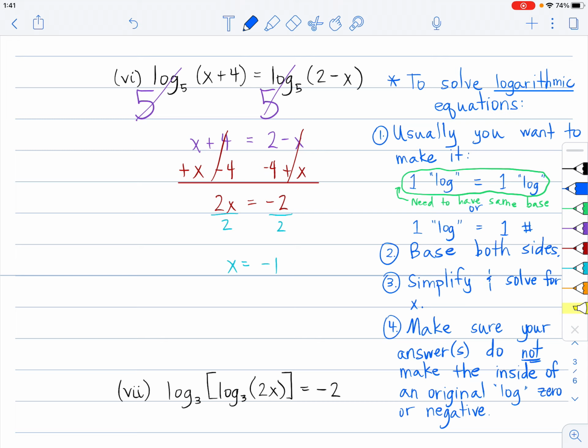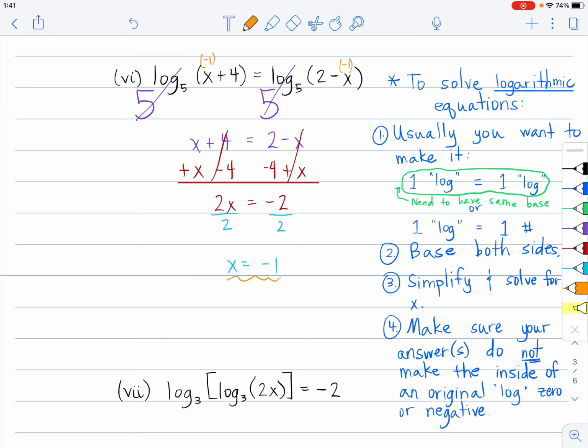And so, am I saying that you can't have negative answers? No, I am not saying that. I am, however, saying that we need to take this negative 1 and substitute him in place of x and see if he makes the inside of the log 0 or negative.